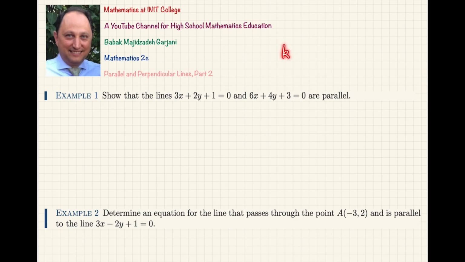I calculate the k value of the first one, I calculate the k value of the second one, and if I multiply them, it turns out to be -1, then these two lines are perpendicular. Otherwise, they are not. The reason that the product should be -1, I actually proved for you last time.